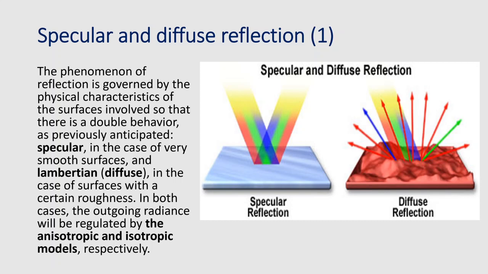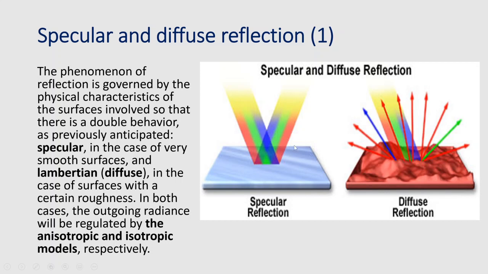So you see, on the left side is what can happen with specular reflection. This is similar to a mirror, a marble surface, a very polished surface, in which the incident flux is divided into the three visible subbands: red, green, and blue.